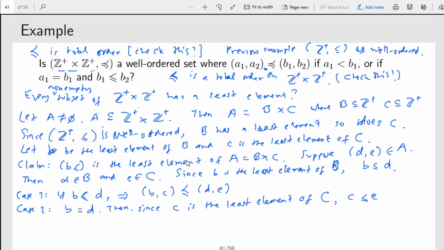So b is equal to d and c is less than or equal to e. So we conclude that the pair b, c is also less than or equal to d, e. So indeed b, c is the least element of the set A. So that's the answer for the second example.